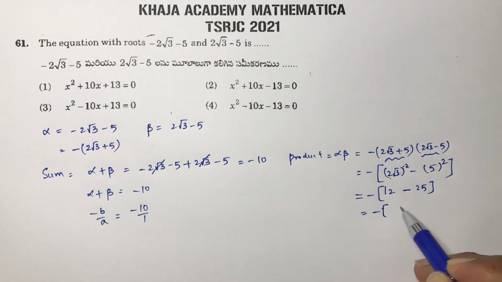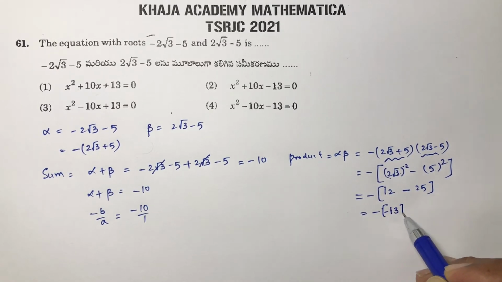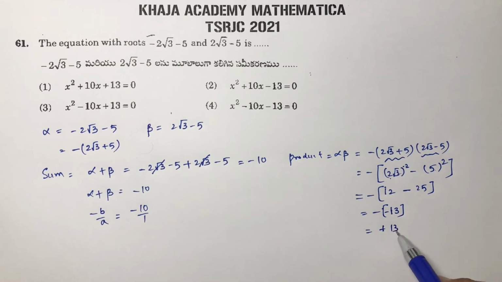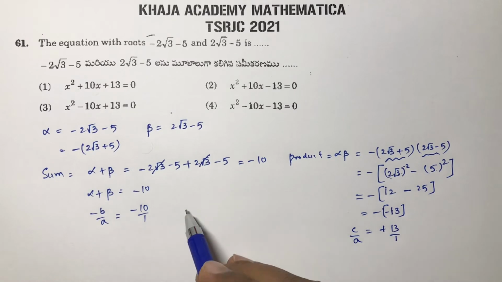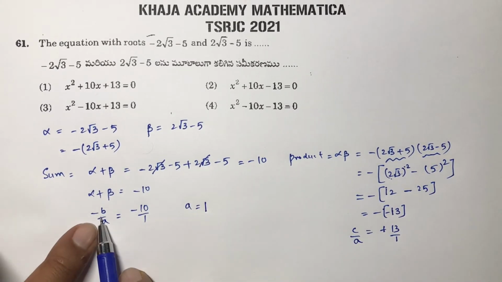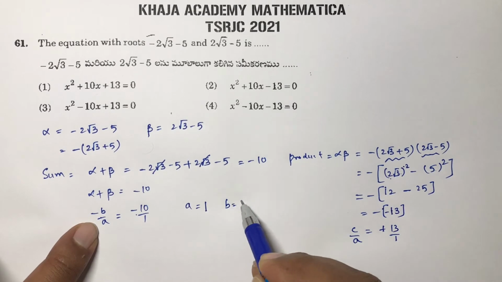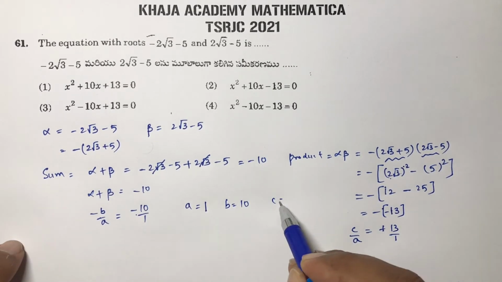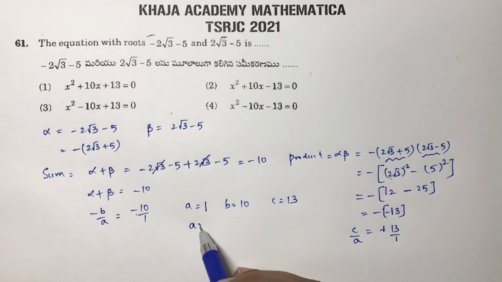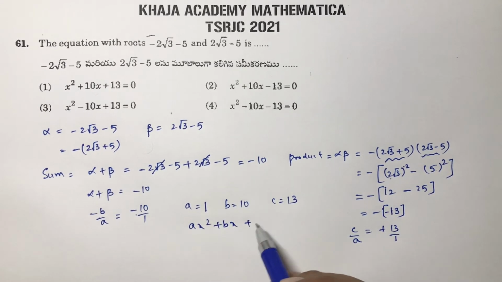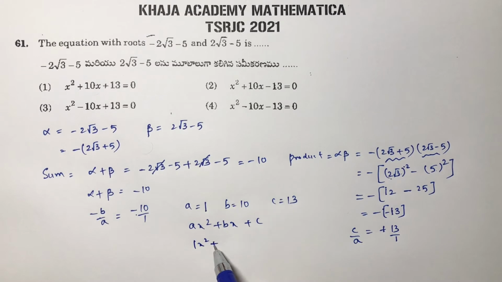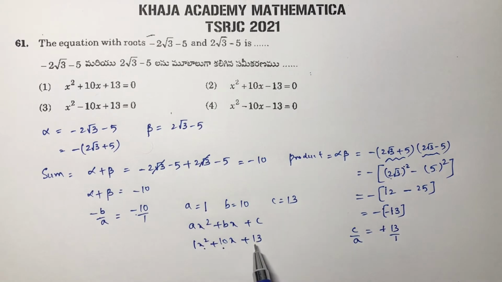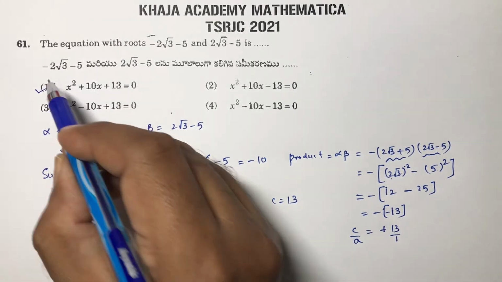So 12 minus 25 is minus 13. So minus into minus is plus 13. You can write alpha into beta as c by a. Now if you compare, a value is 1, minus b is minus 10, so b value is 10, and c value is 13. So the equation is ax square plus bx plus c, that is x square plus 10x plus 13. So the correct option is 1.